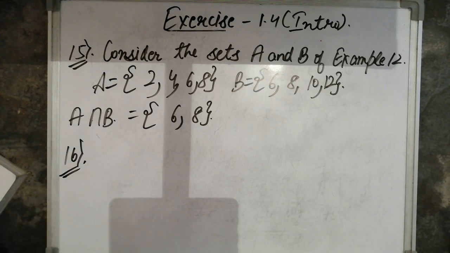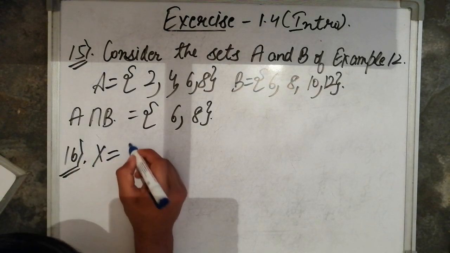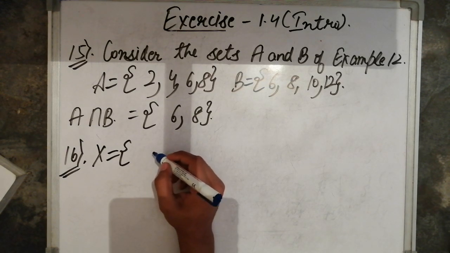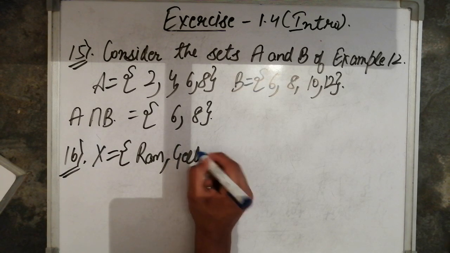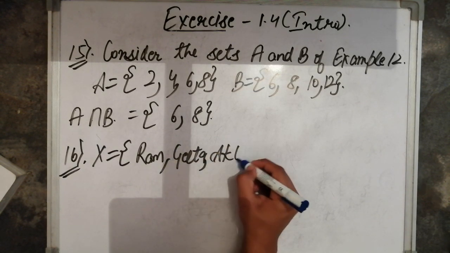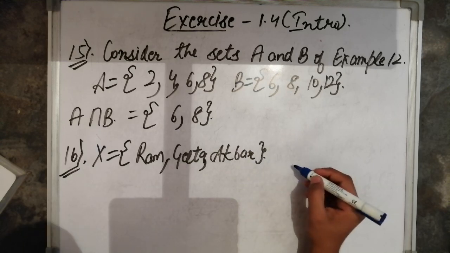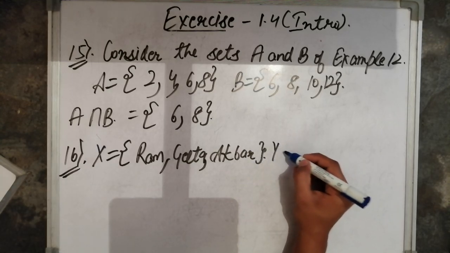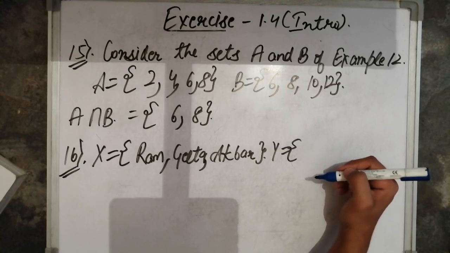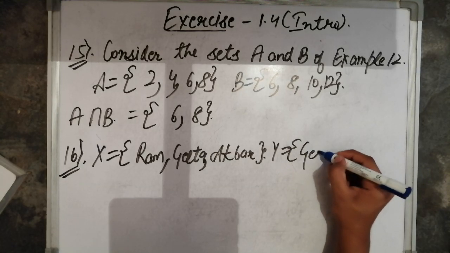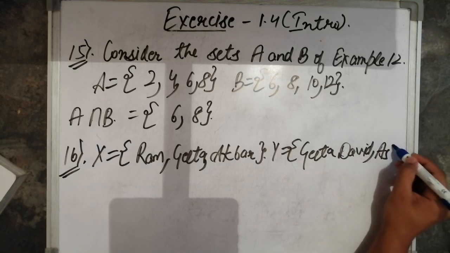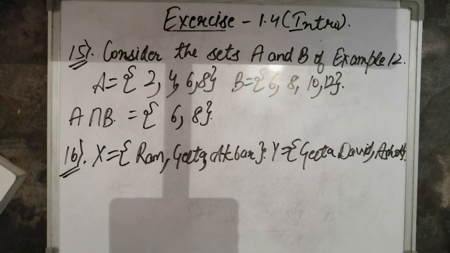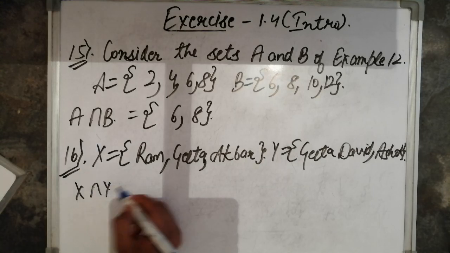Okay, let me take X set of one question example, which is from Theta upward, and Y set is Gita, Kavita, Shock. So what is it asking? X intersection Y?